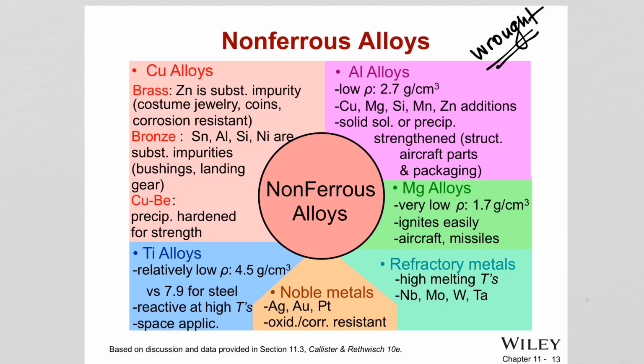The most common copper alloy is brass. Here the zinc is an impurity added to the copper. Some common uses for brass are jewelry, corrosion resistant applications, coins, etc. Another type of copper alloy is bronze, with the addition of tin and aluminum, silicon, and nickel.